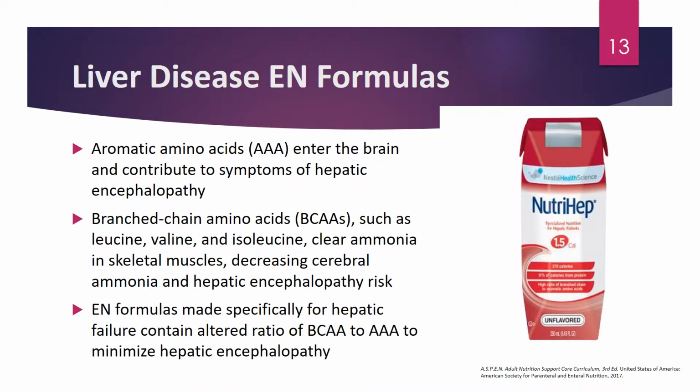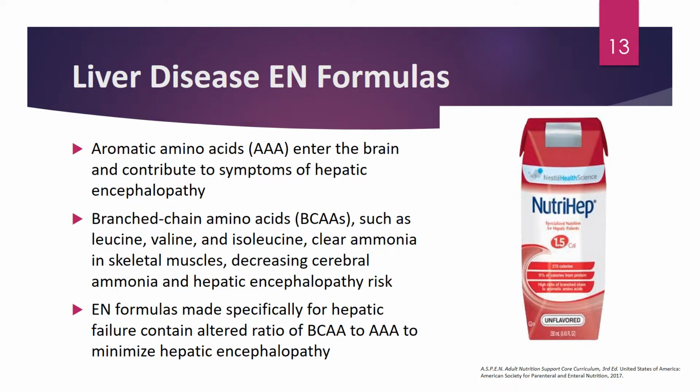In terms of liver disease enteral formulas, these formulas basically are advertised by the fact that they contain branched-chain amino acids, such as leucine, valine, isoleucine, which clear ammonia in skeletal cells. And that obviously decreases the risk of developing or having cerebral ammonia.